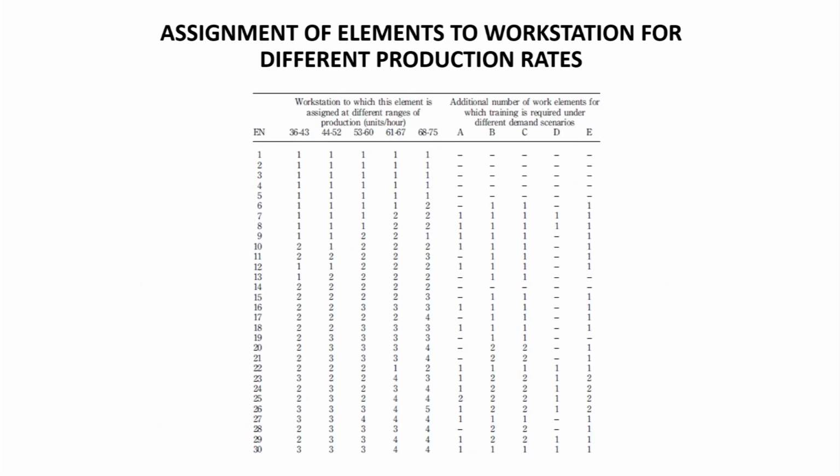What we did here is we took element number 1 and assembled this line for different production rates, and we found that for production rates of 36 to 43, element number 1 always comes at workstation number 1. Element 2 also comes at workstation number 1, up to element 9, for a low production rate, that is 36 to 43. Then elements 12 and 13 are also at workstation number 1. On the other hand, there are elements which come at workstation number 2.